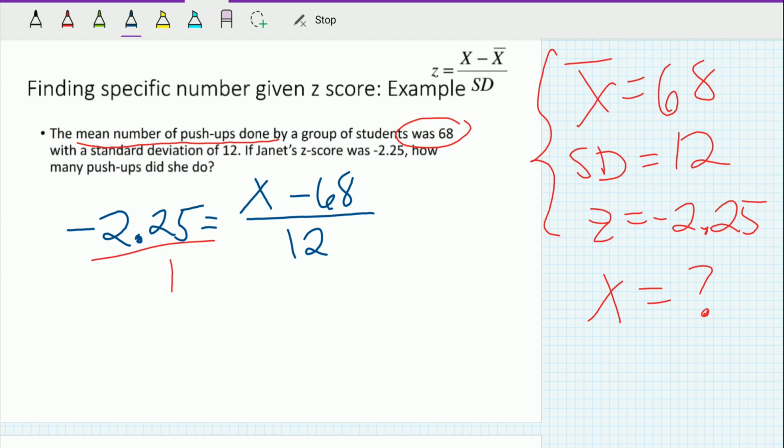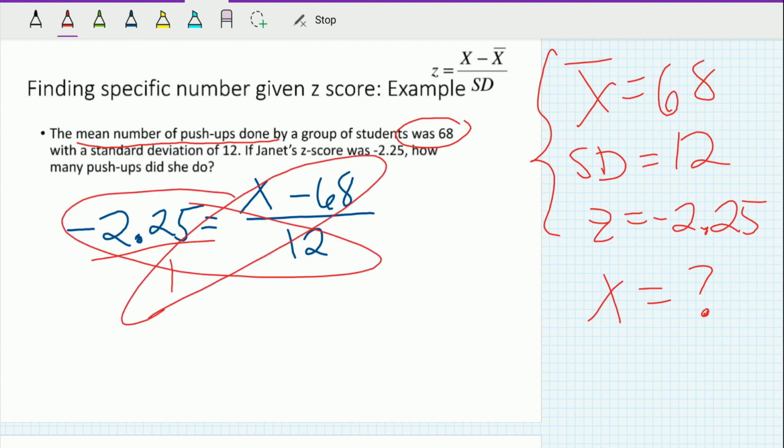Put it over 1 and let's cross multiply. So x minus 68 times 1, and then negative 2.25. Remember, guys, calculator. Negative 2.25 times 12 is equal to negative 27.